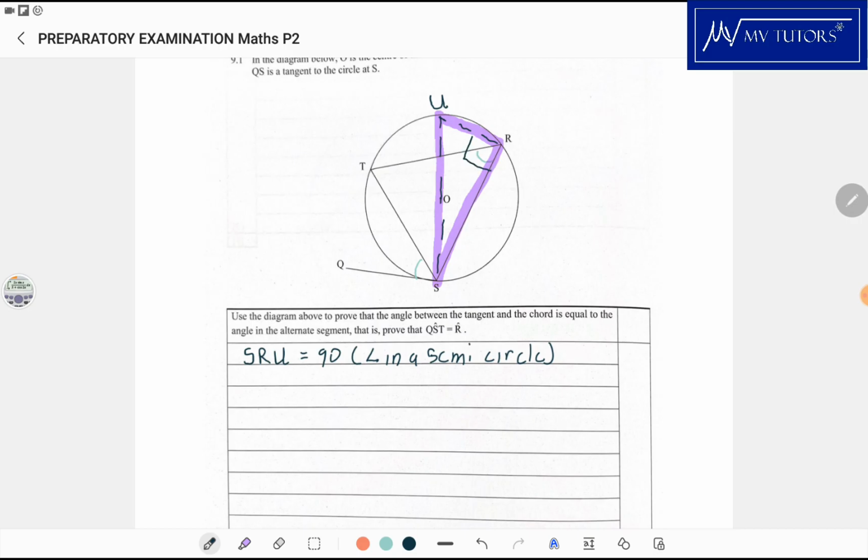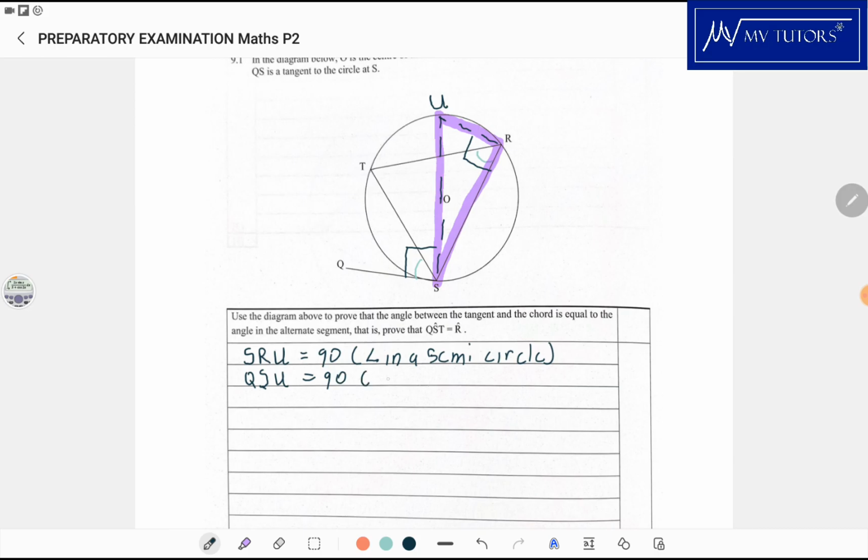We also know that this angle here is 90. Why? Because of the relationship between a radius and tangent. They're always 90. So I'm gonna say QSU is equal to 90.